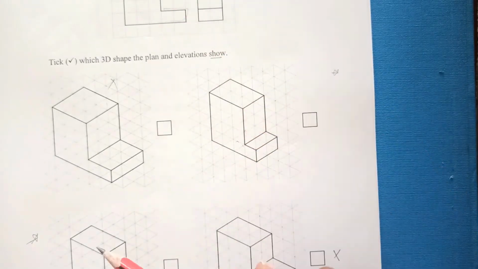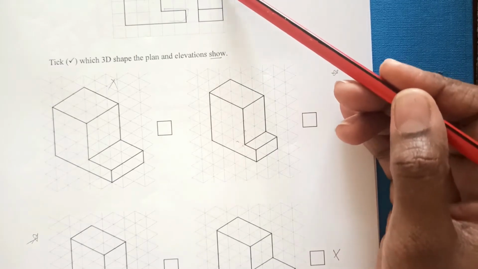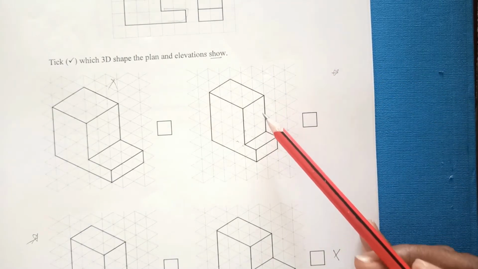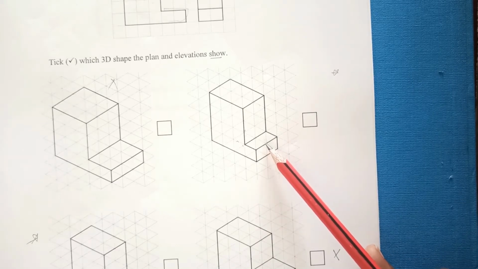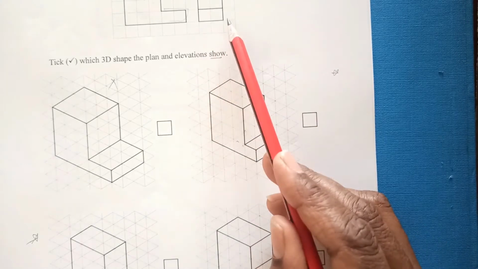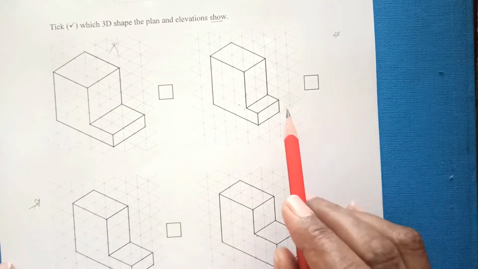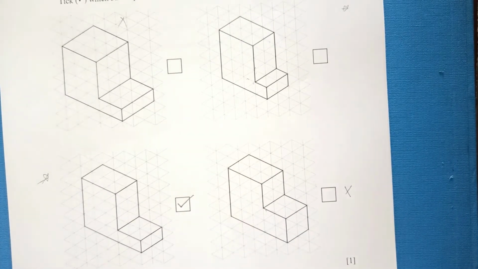The top elevation is the same for both. The side elevation, you can see here 1, 2, 3. So this is the 1, 2, 3, and then we have here it is 1, but we need it as this, the 2. So that means this is not possible. So our answer will be this one.